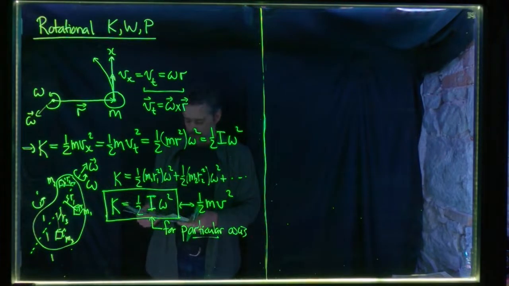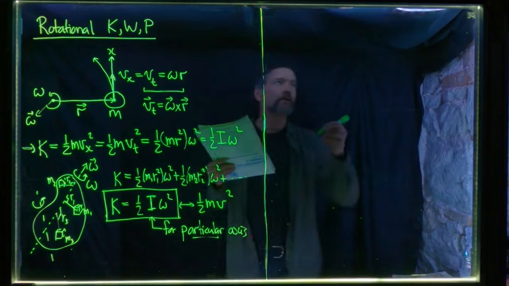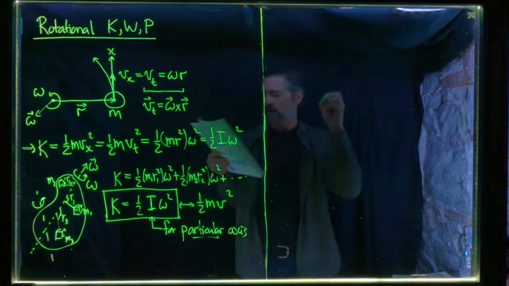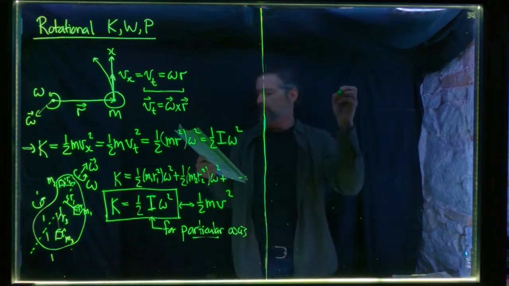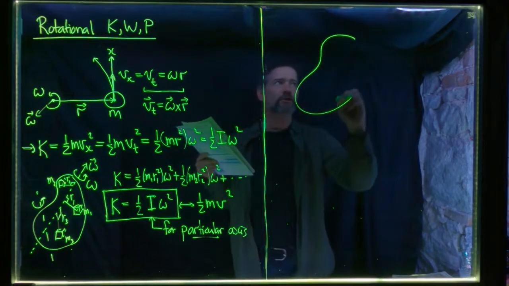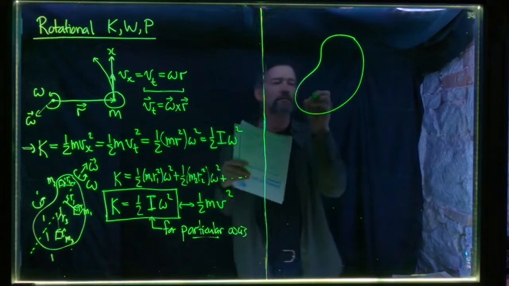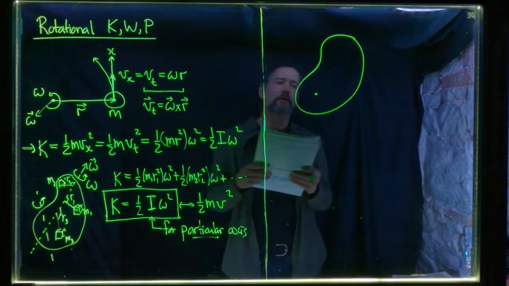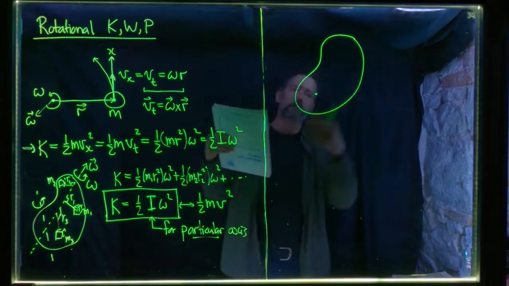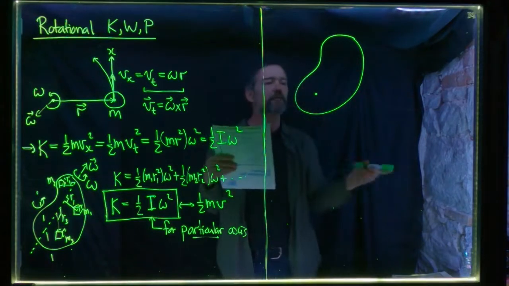But now what about work? What about transferring kinetic energy to a rotating body? Let's suppose that we'll just draw a generic picture of our rigid body. Here's a generic rigid body like this, and we are going to imagine that there's a pivot point here, and we can rotate that rigid body about that fixed pivot point, around any axis that passes through that pivot point.